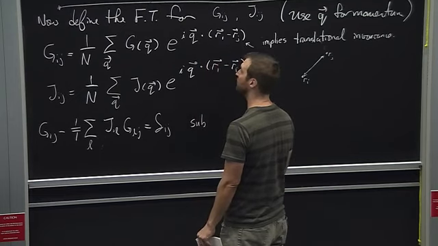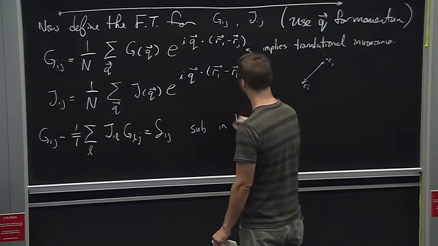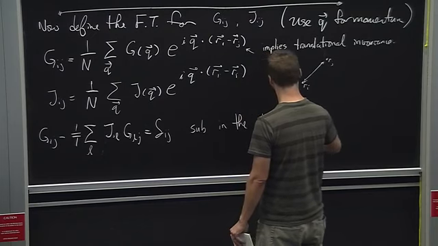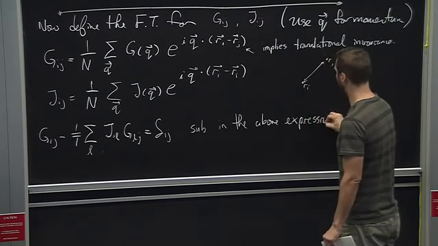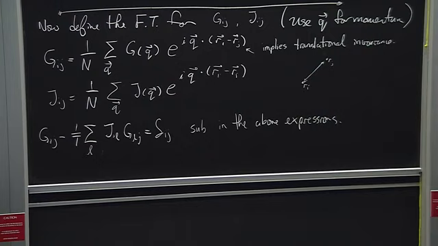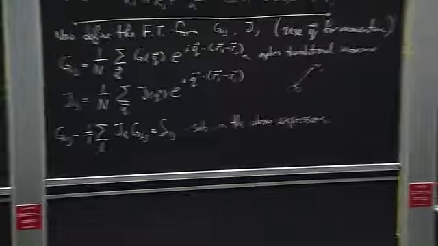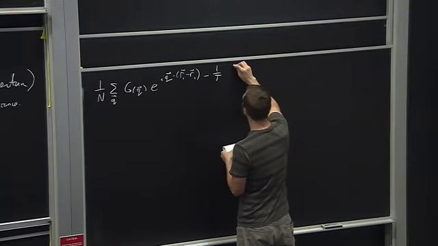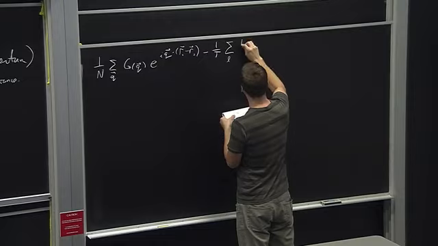Okay, it's going to take a while, so I'll switch boards. Okay, so that first Gij, minus 1 over t. So we've got a sum over L. This is a term that you're going to have to worry about.